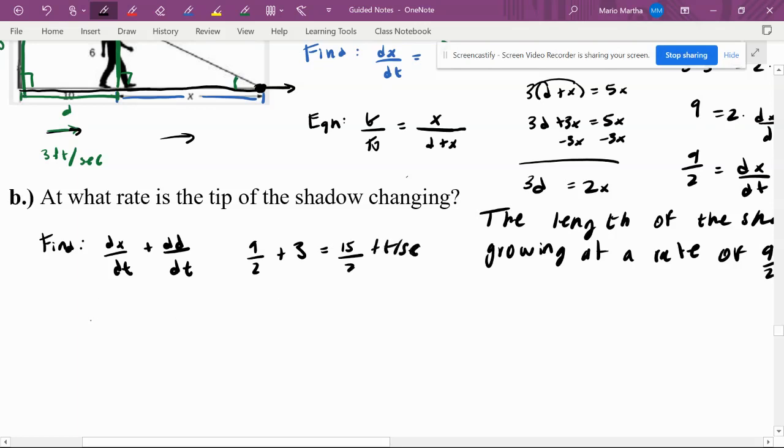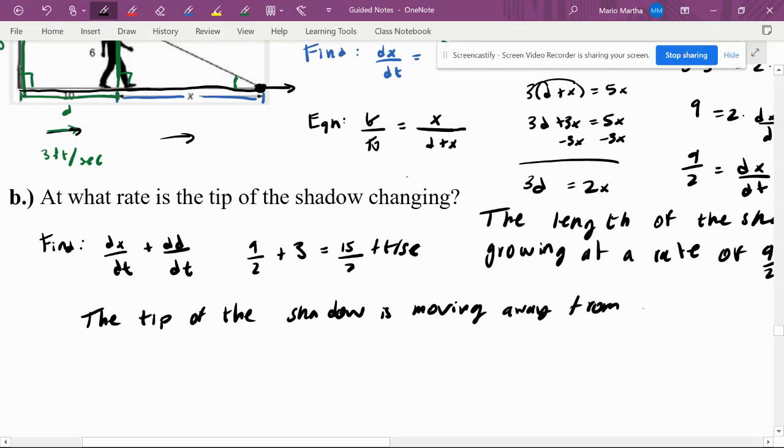And in this case, we can say that the tip of the shadow is moving away from the lamppost at a rate of 15 over 2 feet per second.